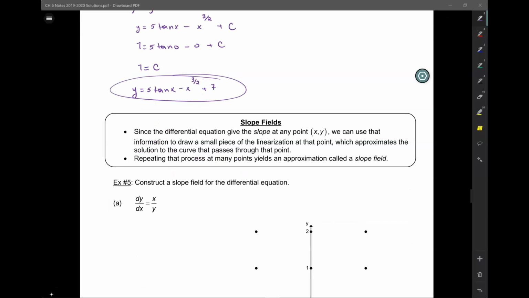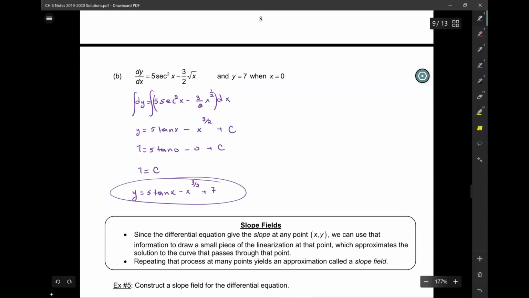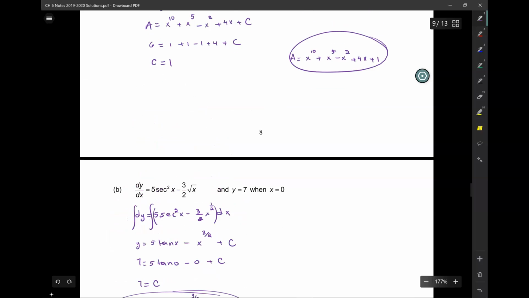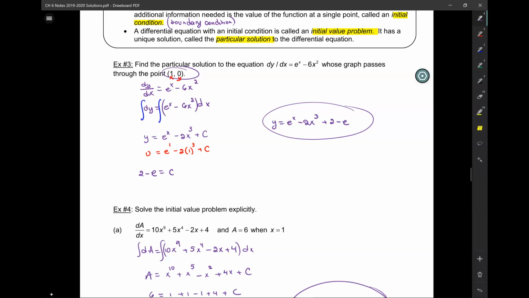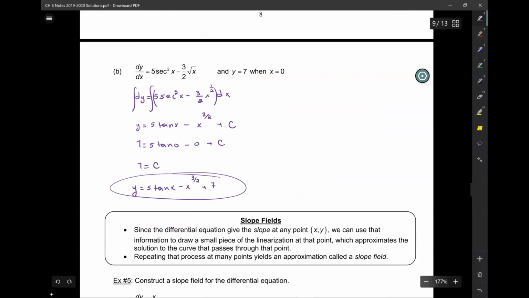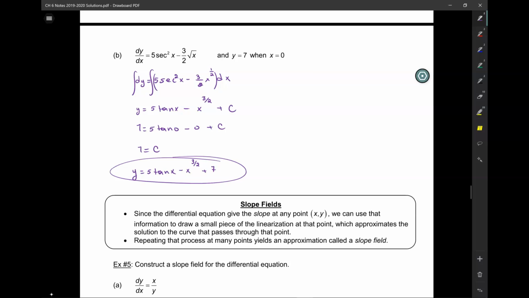All right, so if you look at a differential equation, right, like, did we do a very simple one yet? Well, we'll take this one, right? This is an expression for the slope of some mystery function, right? There is some mystery function. The slope of it is 5 secant squared minus 3 over 2 root x, okay?